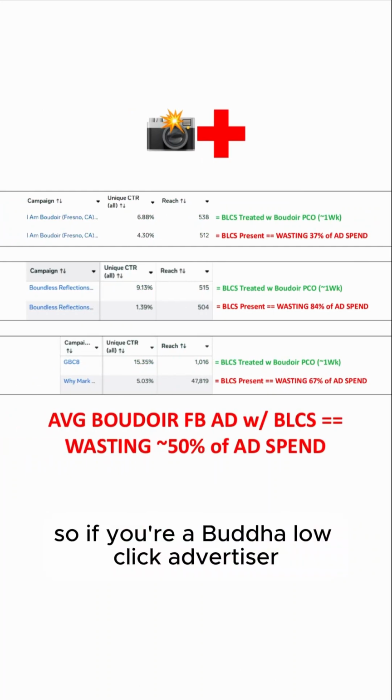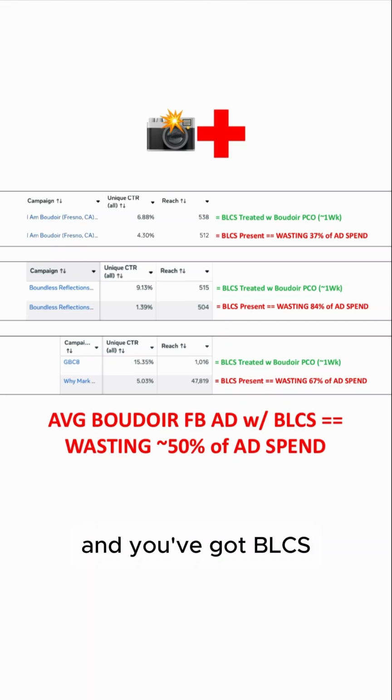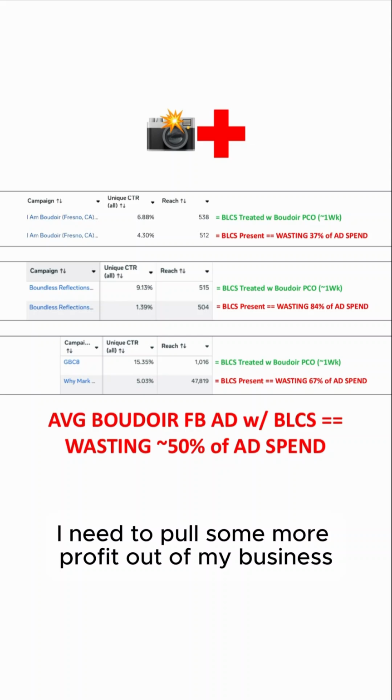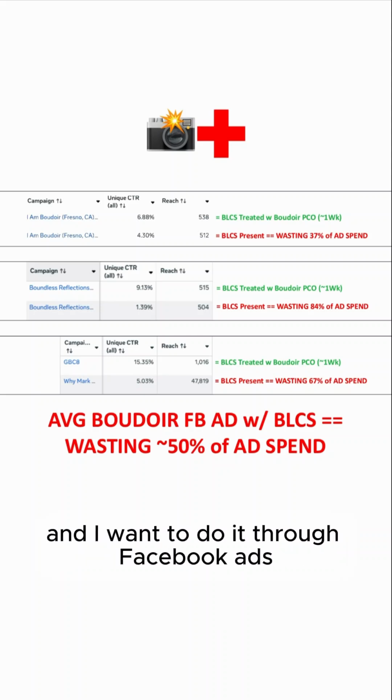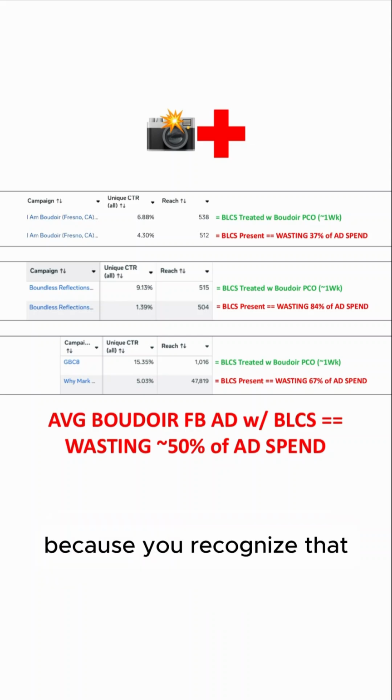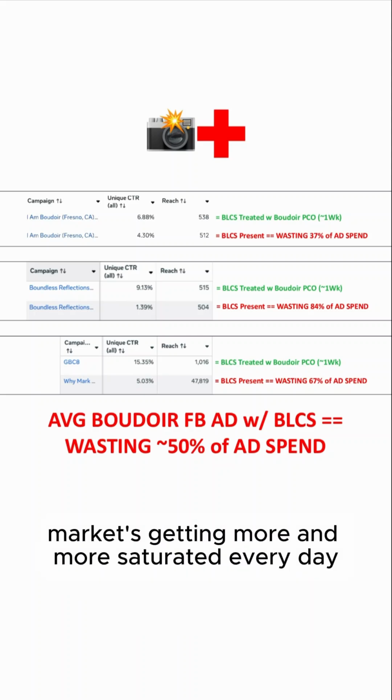So if you're a Boudoir low click advertiser and you've got BLCS and you've decided, hey, now's the time, I need to pull some more profit out of my business. I don't want to do it through Facebook ads because you recognize that Boudoir market's getting more and more saturated every day.